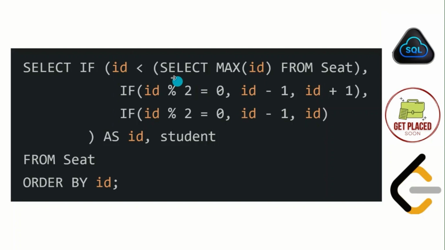As simple as that. Again, in this IF condition, the first condition is if the ID is less than the maximum ID, we swap with plus or minus. If it is the maximum ID and it is odd, we keep it as it is. If it is even, we write it similarly to what we did before.